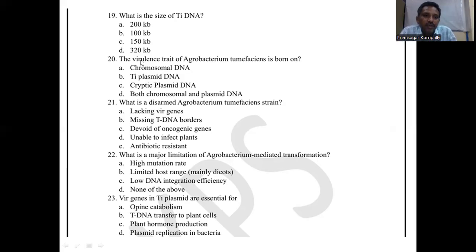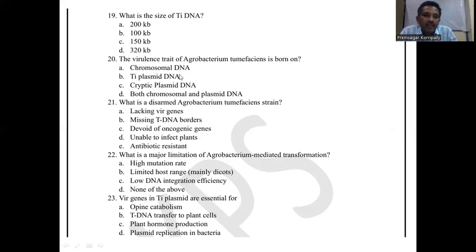Answer is A. The virulence trait of Agrobacterium tumefaciens is borne on chromosomal DNA, Ti plasmid DNA, cryptic plasmid DNA, or both chromosomal and plasmid DNA.